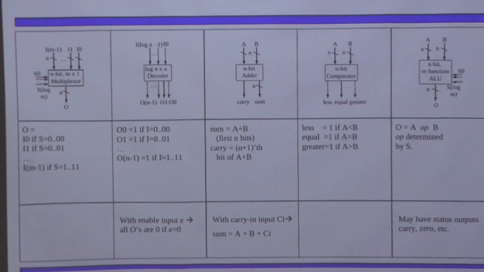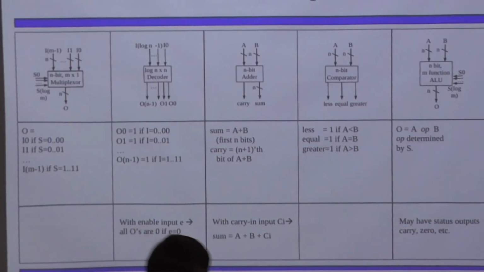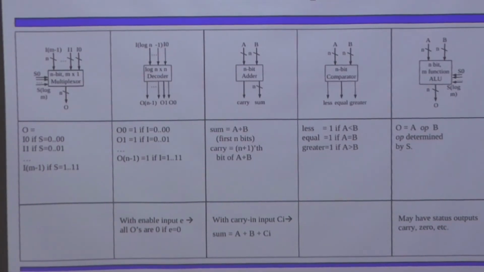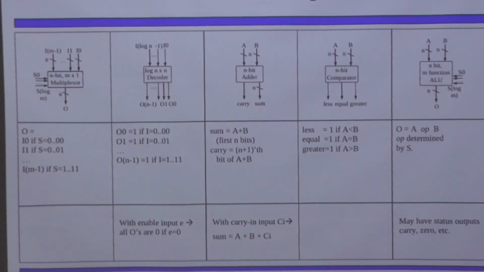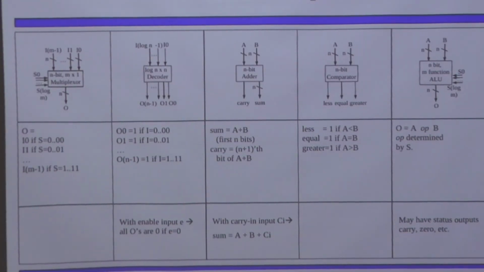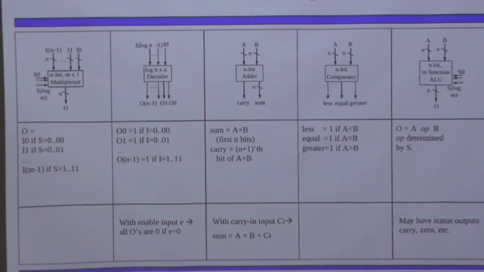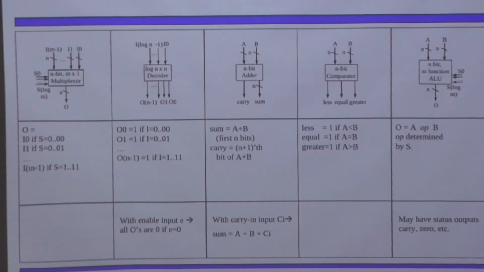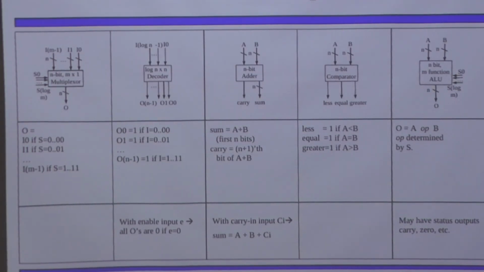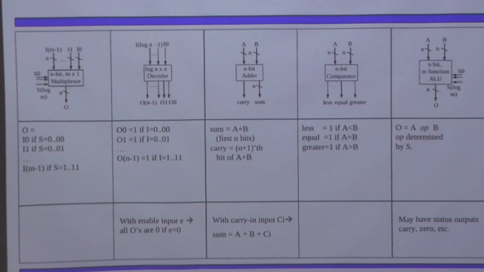So, as I said previously, if you imagine inside of the ALU you would have an add function. It would have two inputs coming in, one output coming out, right?